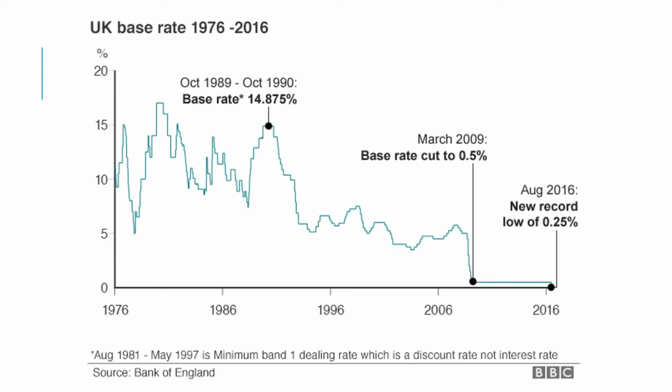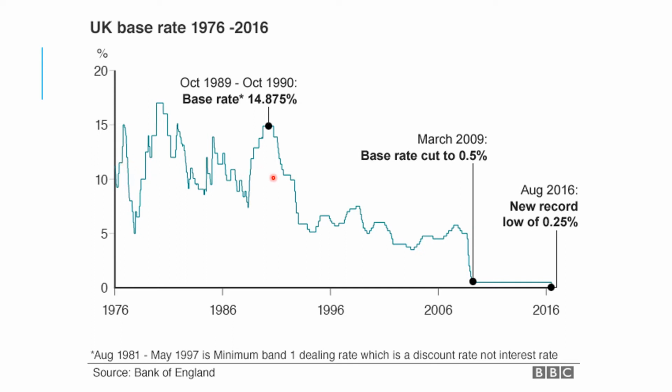Now, the Bank of England are responsible for setting the base rate of interest. That's the most important interest rate in the economy. It's the one that banks use to base their interest rates on. If we look at this chart, we can see over time how that has changed. Rates of interest back in the 70s and 80s were as high as between 10 to 15%, which, if you were a saver, was great news.